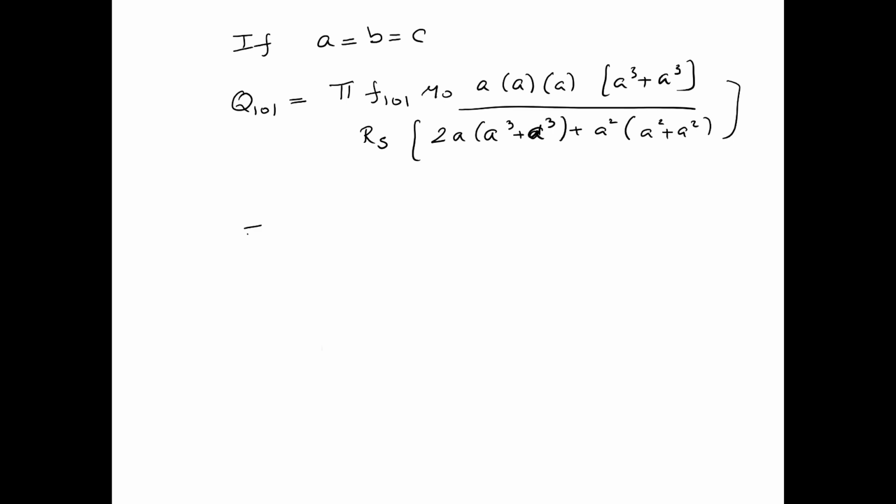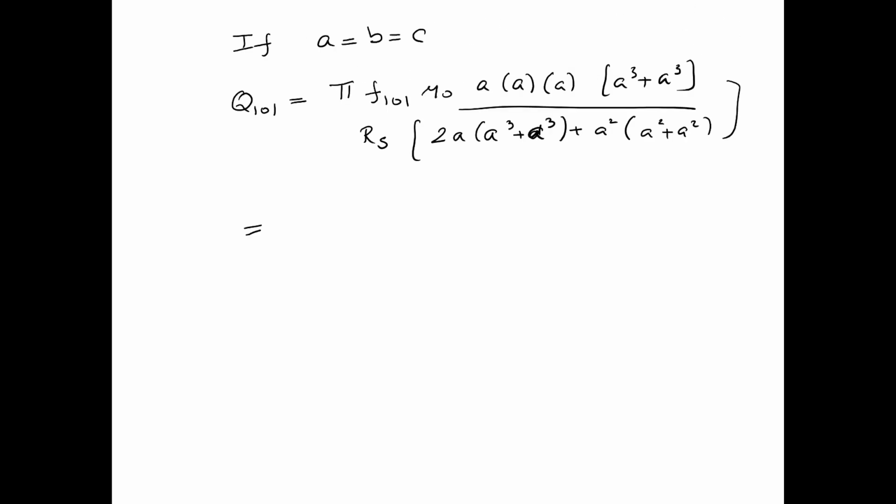And if you just play around with the terms, you will see that this turns out to be pi F101 mu naught A by 3 RS.